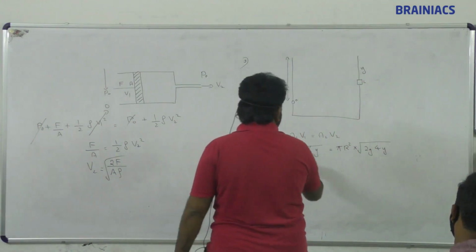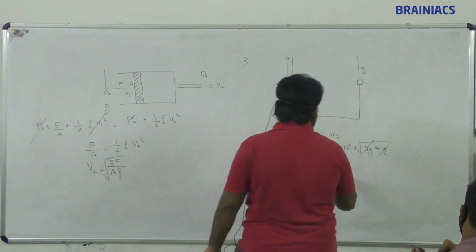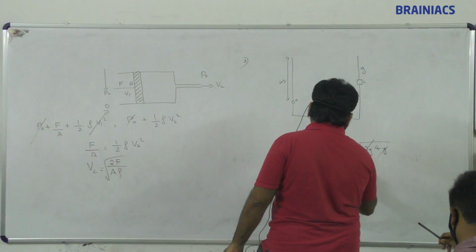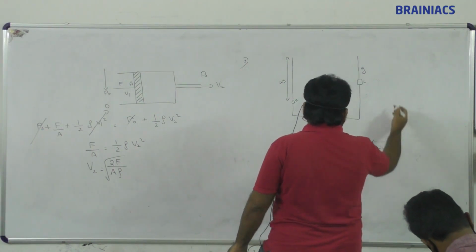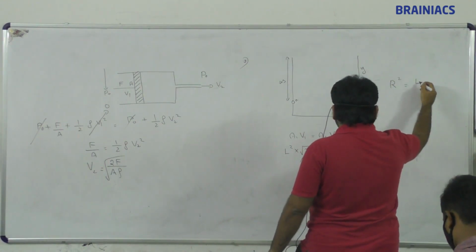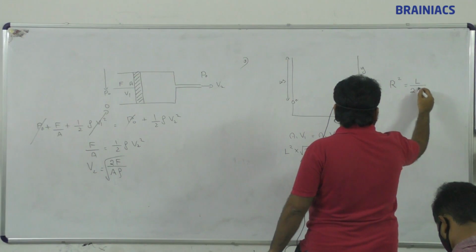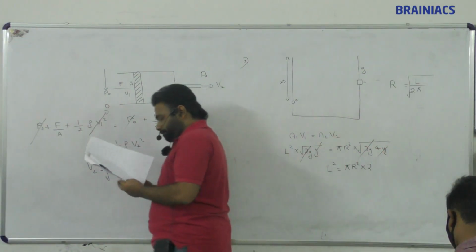Okay, so this 2G, this 2G, this Y can be cancelled off. So L square is equal to pi R square into 2. So finally what we will be getting? R square is equal to L square by 2 pi. R is equal to what? Root of L by 2 pi.